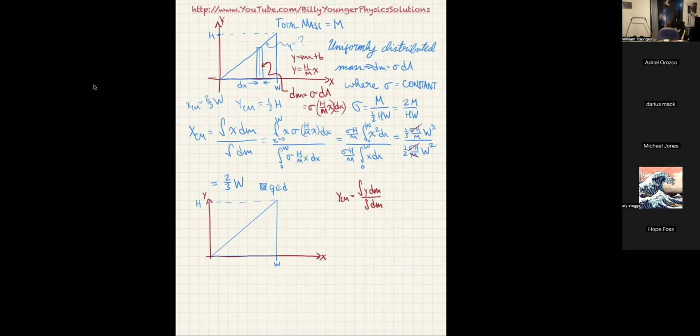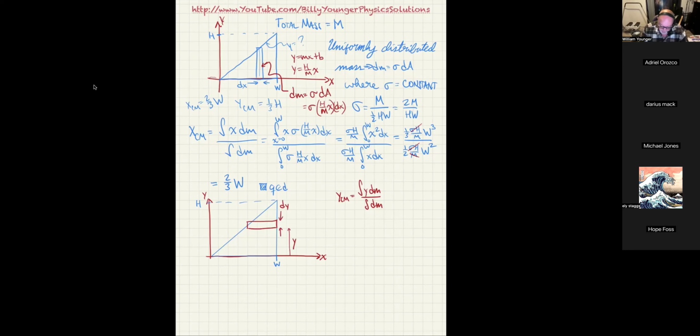I'm going to take my differential mass element to be this quantity. And what I'm saying is the height of this object is a height dy. And of course, that means the distance from the x-axis up to the bottom of that dx is a height y.